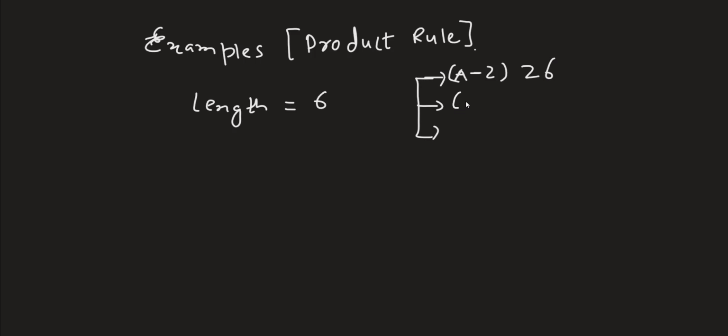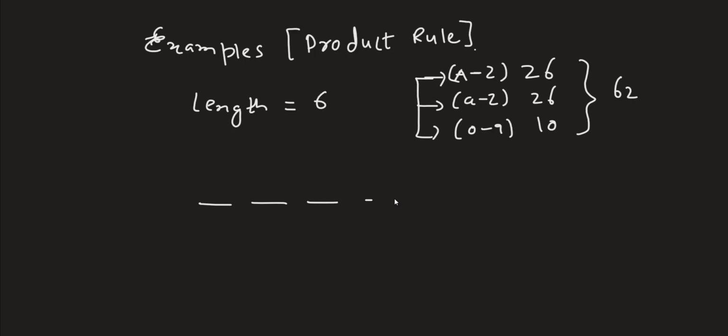Then the lowercase English letters, which is a to z, so we have 26 choices. And any of the numbers from 0 to 9, so we have 10 choices. Now in total, if you sum them up, 26 plus 26 plus 10, which is 52 plus 10, it's 62 choices. And at the same time, we are asked to generate a password of the length of 6. So this is 1, 2, 3, 4, 5, 6.